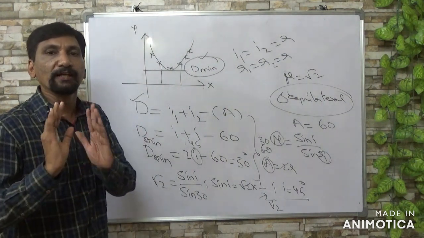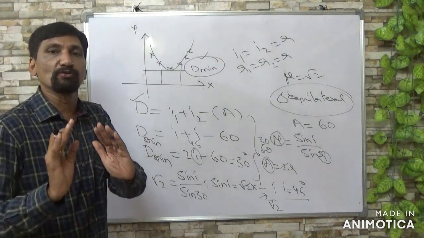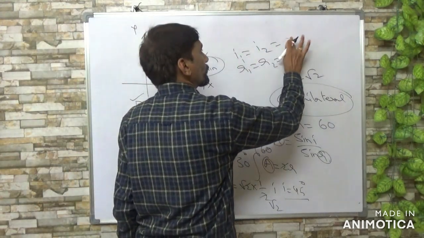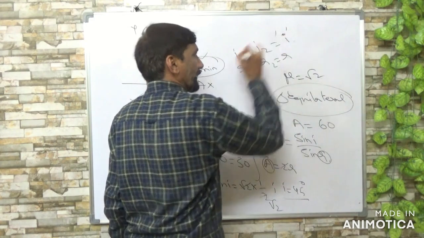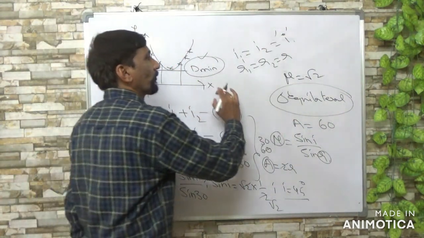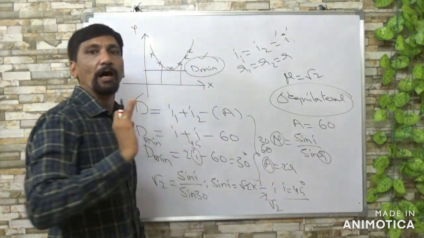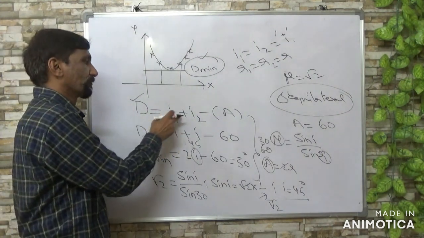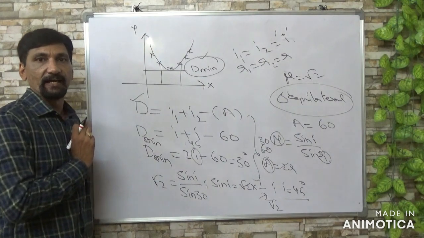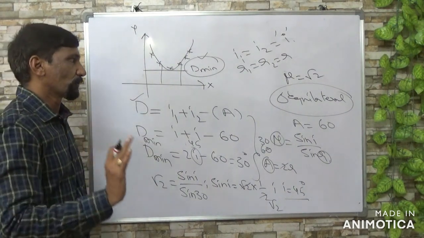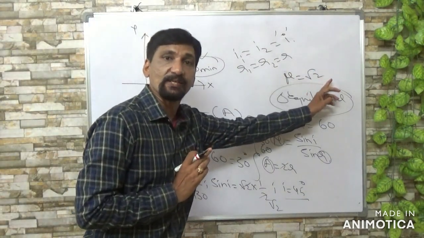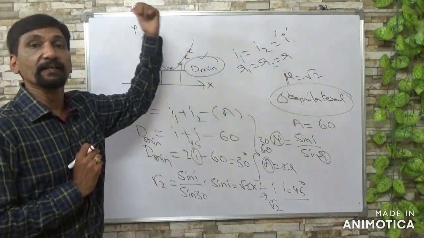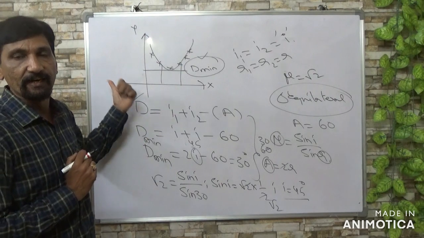Okay, so only you need to remember that in case of minimum deviation, I1, I2 are equal to some constant, say I, R1, R2 are equal to R. Okay, so you know formula for deviation is I1 plus I2 minus A. Okay, so in this problem, refractive index is given and they said it is an equilateral prism in minimum deviated position.